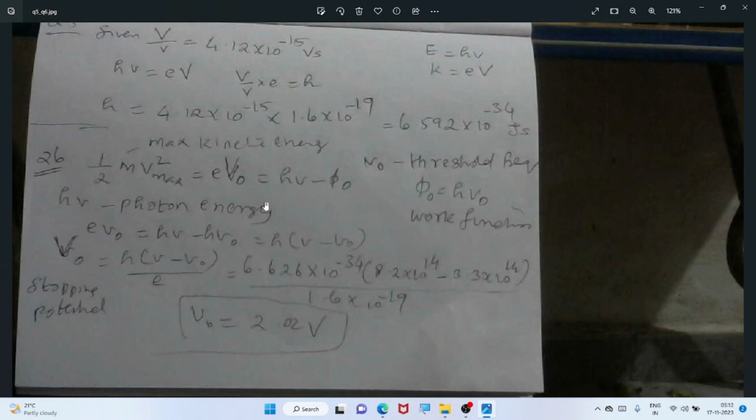V naught is the threshold frequency. Phi naught equal to h V naught. Work function equal to Planck's constant times the threshold frequency. So from this equation we can find the stopping potential, this V naught.